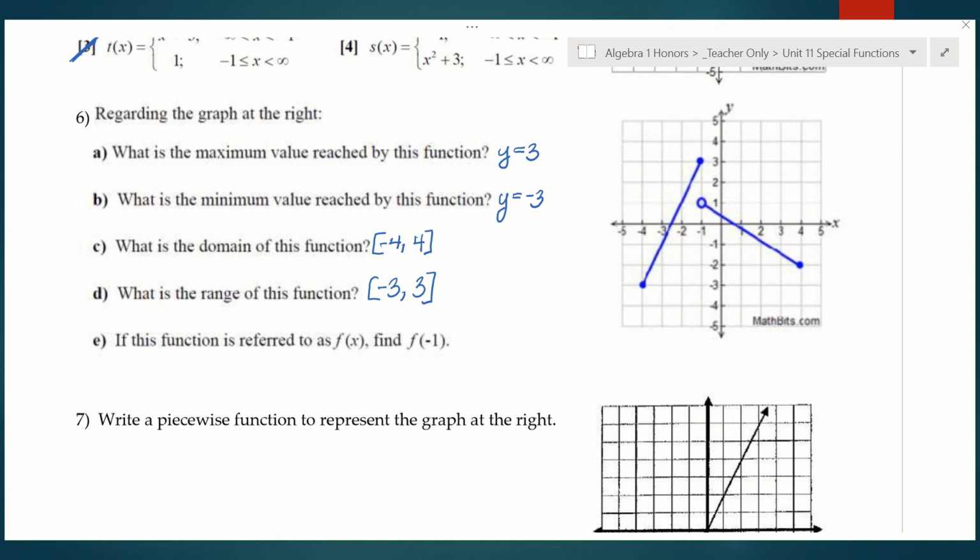So what that means is when x is -1, what is y? So when x is -1 right here, what is y? Well, there's 2 points on our graph here that have x coordinates of -1. The problem is this one with the open circle doesn't actually exist. So we can eliminate that and say f of -1 would equal 3.